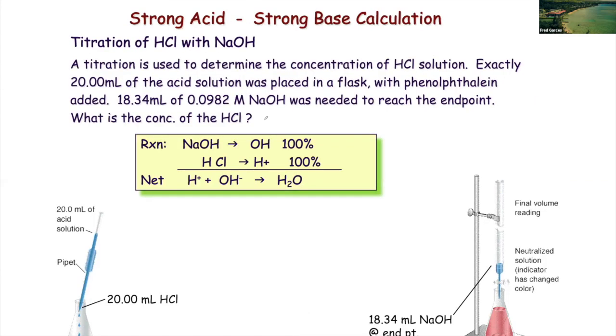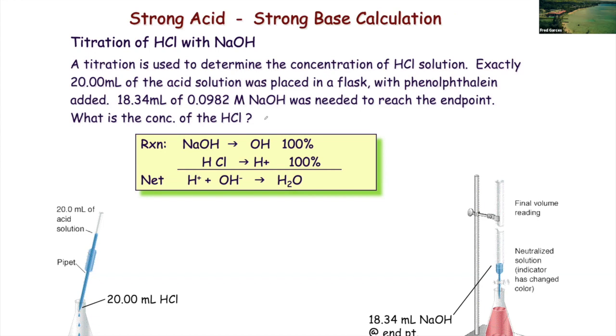So when you do a titration problem and you stop adding your titrant, then you know you've reached the stoichiometric equivalence. Okay, acid-base titration is nothing more than a stoichiometry problem.